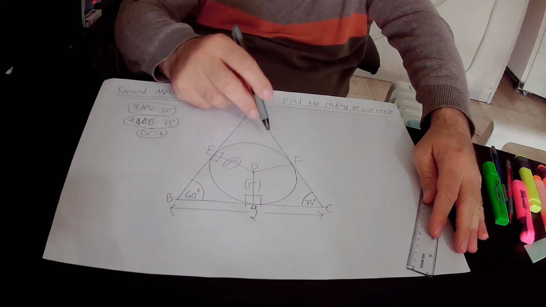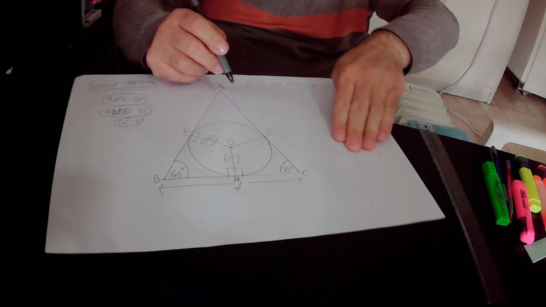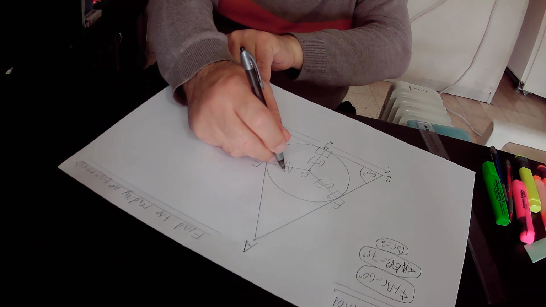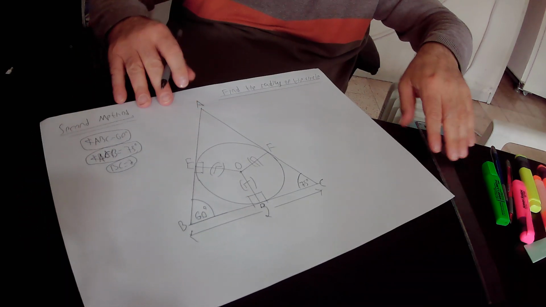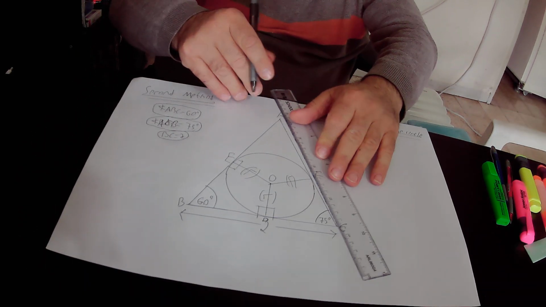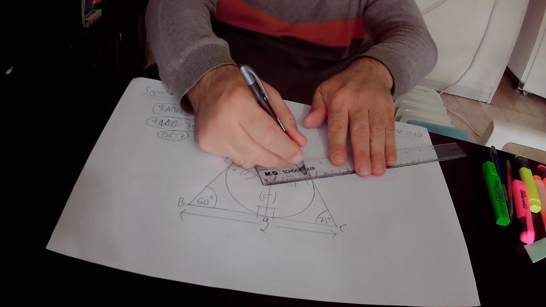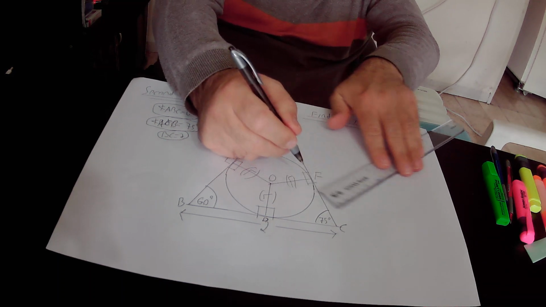OF is the radius of this circle that is equal to R. Here again, we have the radius OF drawn to point F. Therefore, according to rule number 1, this angle equals 90 degrees, and this angle also equals 90 degrees.